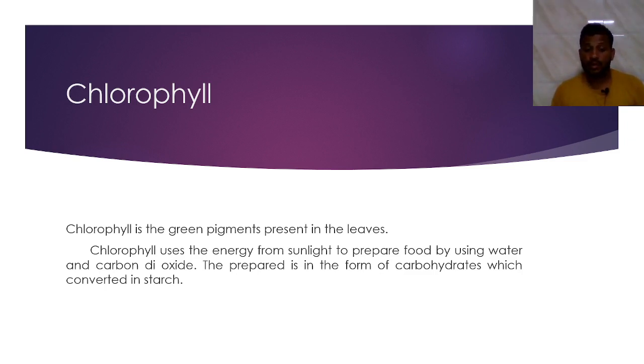Chlorophyll uses the energy from sunlight, which means chlorophyll absorbs the sunlight to prepare food by using water and carbon dioxide. We can add one more word here, that is minerals, which are absorbed by the roots of the plant. So chlorophyll absorbs the sunlight, and by using carbon dioxide, water and minerals, plants prepare their own food, or chlorophyll prepares the plant's food.